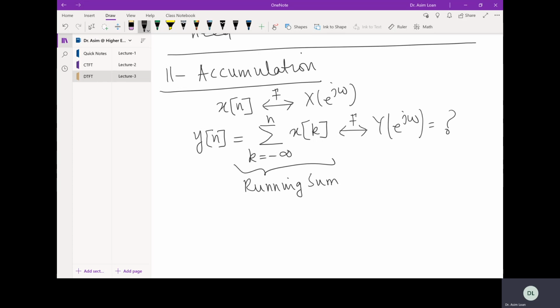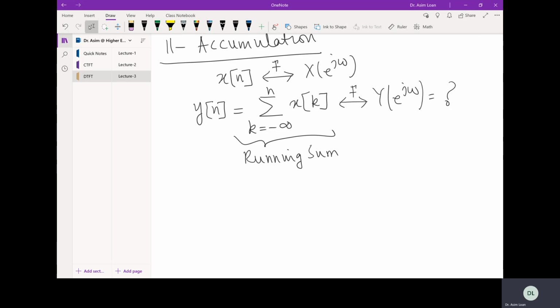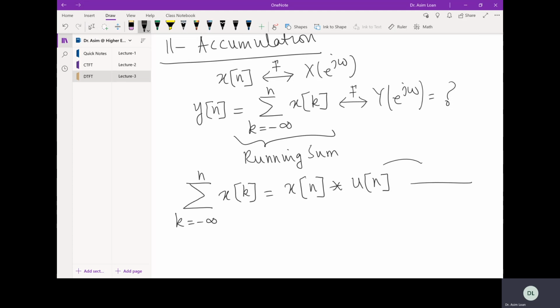And what is this Fourier transform? If you recall from the continuous time case, the sum from k equals minus infinity to n of x of k is simply the convolution of x of n and u of n, where u of n is this thing.